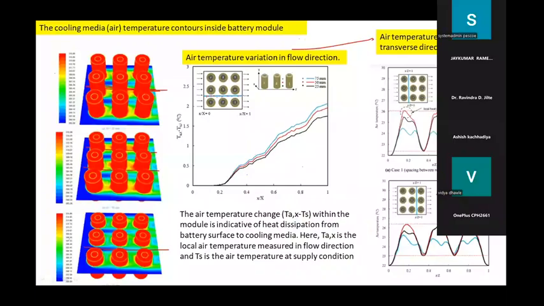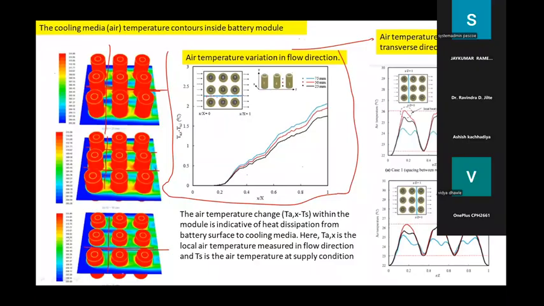We have adopted this technique, recorded the temperature across this height and this height, and plotted the air temperature distribution. Similarly, we have taken one air distribution from this side, and from this.